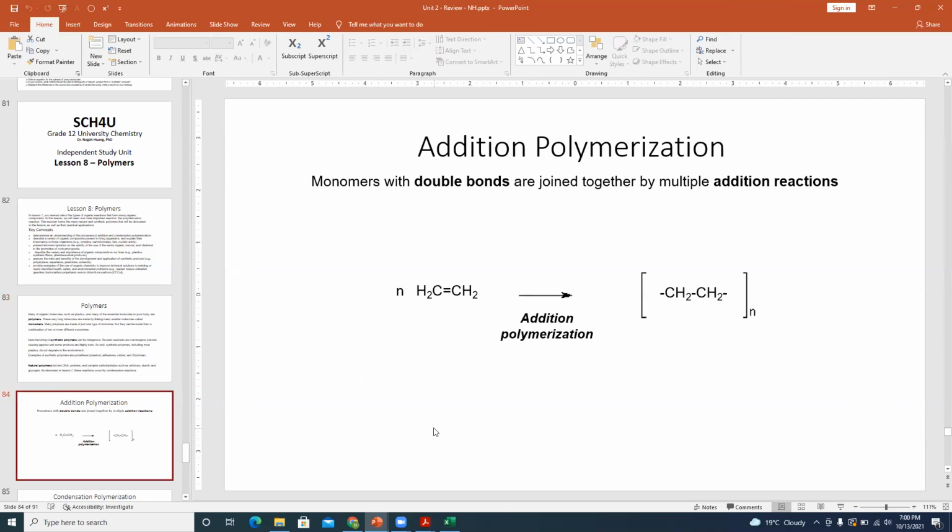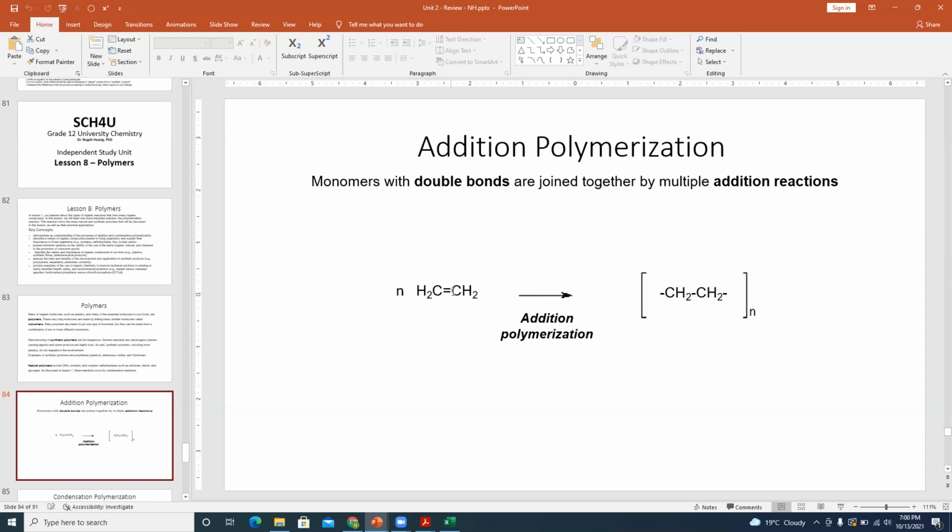So one of the reactions that leads to the formation of polymers is addition polymerization. Monomers that have double bonds within them, for example, such as this molecule of ethene, has a double bond and it can be joined together in a long chain as a polymer through this addition reaction.